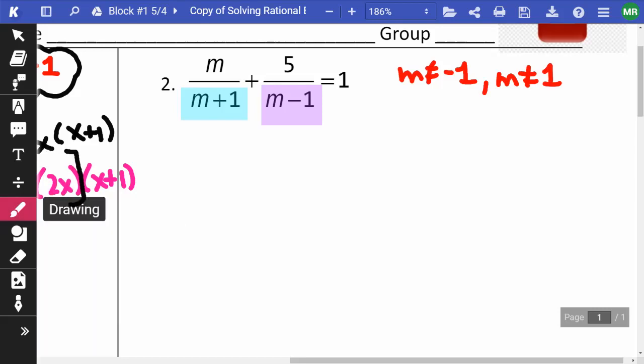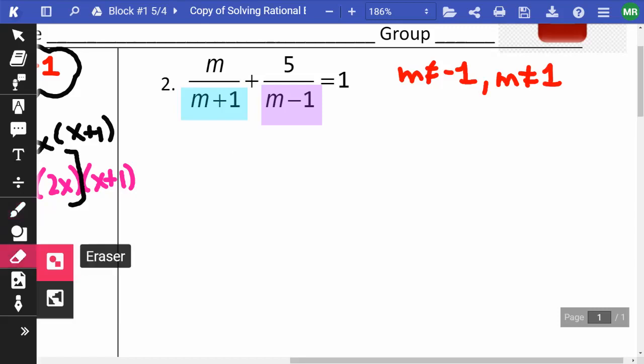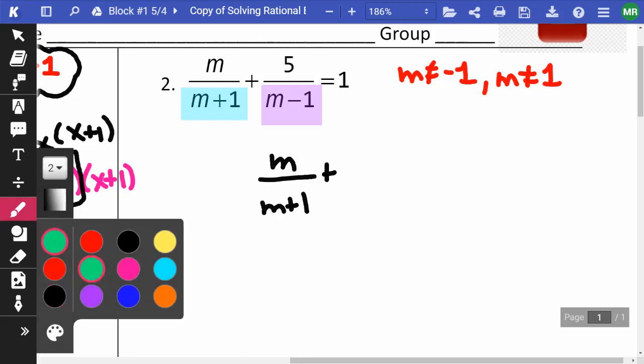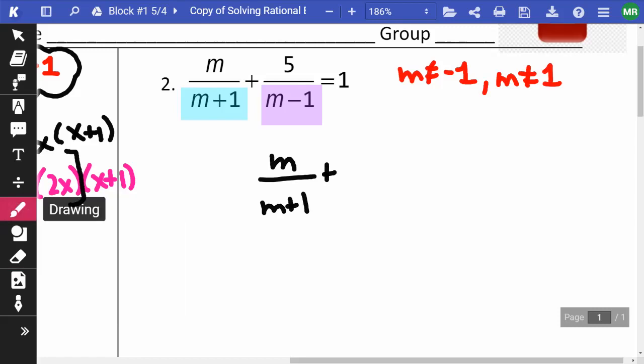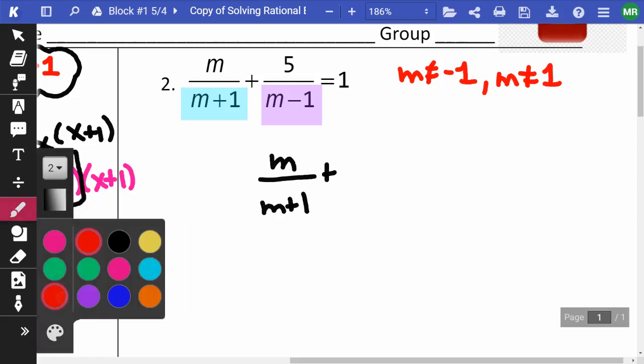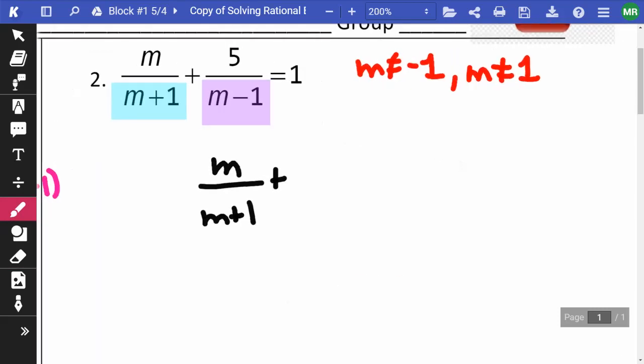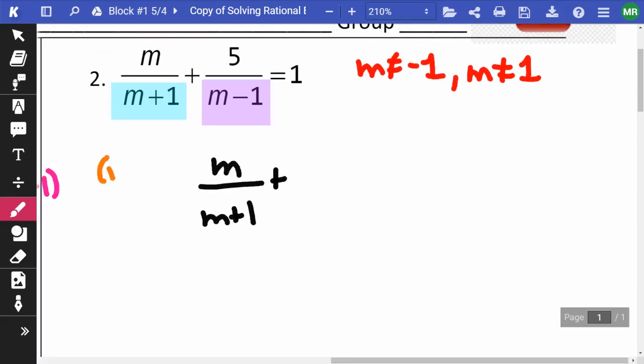Okay, so I'm going to have m over m plus 1, and again, I'm going to be multiplying that by m plus 1, m minus 1. Here, let me do it in a different color so it doesn't blend in with that one over here. So m plus 1, m minus 1.